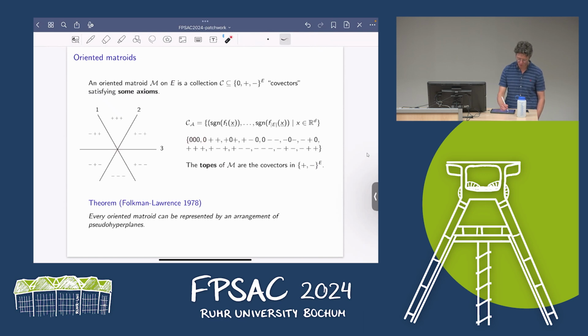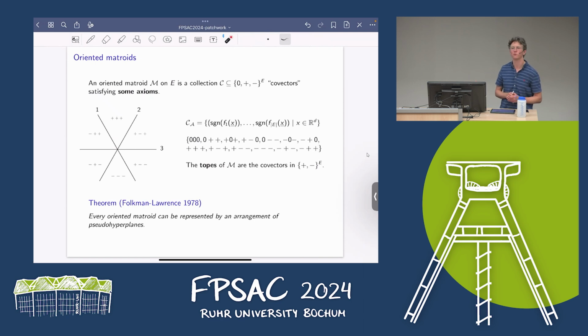If we choose a point in here, I've denoted this region plus, plus, plus. This is the region where all linear forms are positive, okay? So we just go around and record, and we see that we get 1 vector for each cell in the subdivision given by this hyperplane arrangement. Okay? So what will be important are the so-called topes of M. These are the covectors that have no zeros.